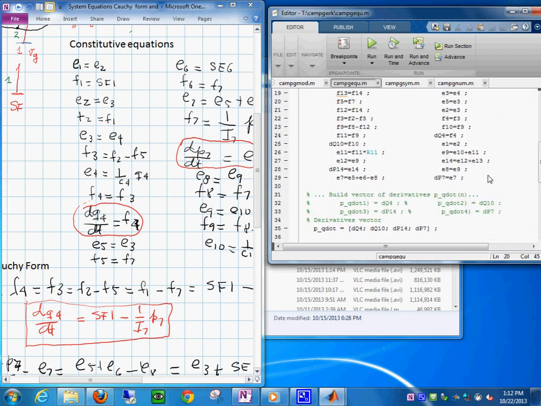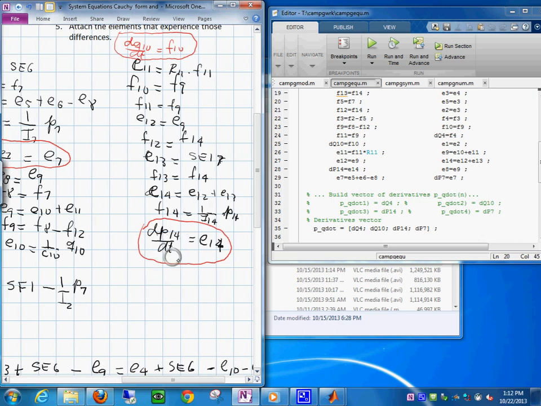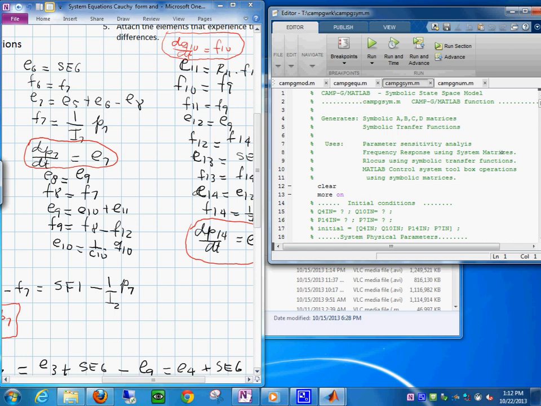And you see dp sub 4 is going to be dq10 dt is this one, so it's right there. This equation is this one right here. See, that equation highlighted is this one. And you have dp14 is the next one that is showing in there. That one is right here, see? That equation is this.